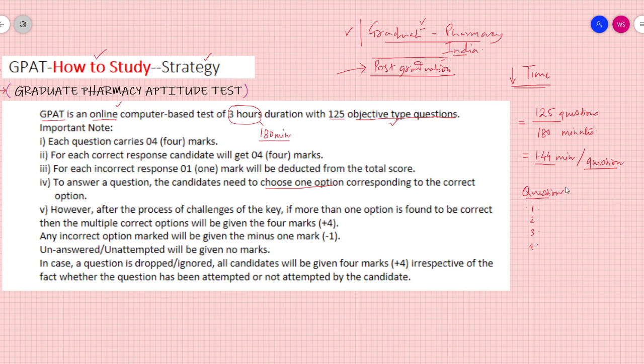So you need to read the question, understand the question, recall what you know about it, frame the answer in your mind, and then select the option. To do this process, you have 1.44 minutes. If you overshoot 1.44 minutes, then you won't be able to reach your target of 125 questions.